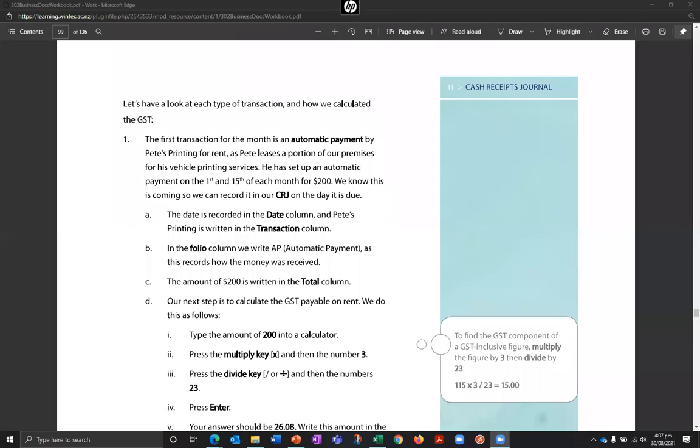So before I move on to showing how to complete a cash receipts journal, I just want to talk about pages 97 through to 99. So pages 97 through to 99 show each type of transaction in step-by-step detail. For example, if you have a look at page 97 at the top, you'll see that it says the first transaction for the month is an automatic payment by Pete's Printing for rent.